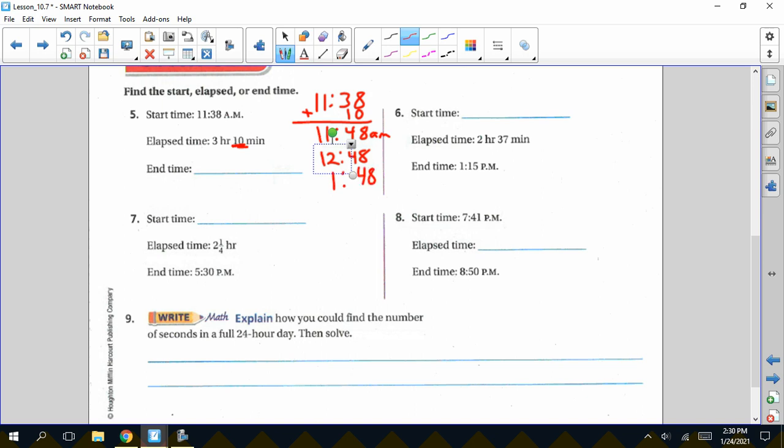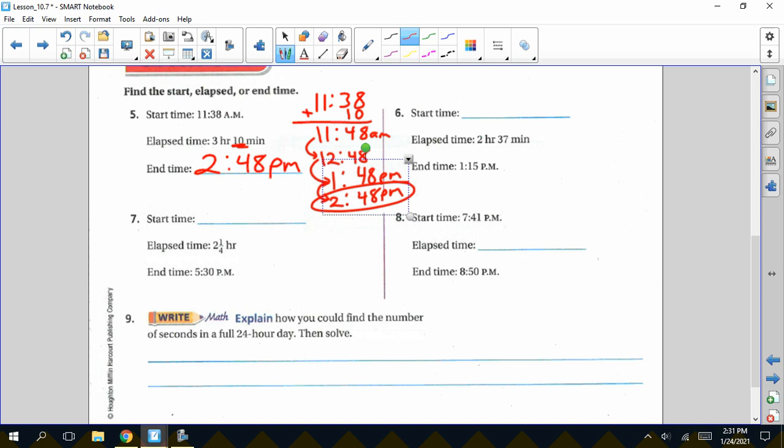And we were at a.m., now we're at p.m. And then one more hour would be 2:48 p.m. And there's our 3 hours, 1, 2, 3. So the end time has to be 2:48 p.m. And it's important to make sure we put a.m. or p.m. because 2:48 p.m. is in the afternoon. 2:48 a.m. is in the middle of the night. And that's two different times there.